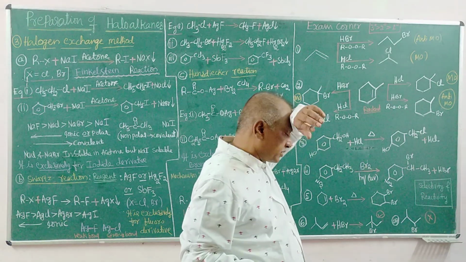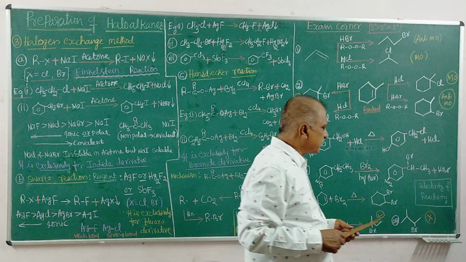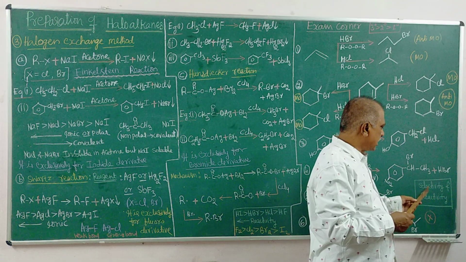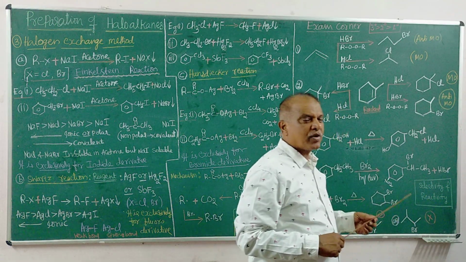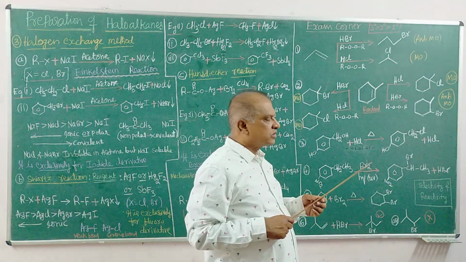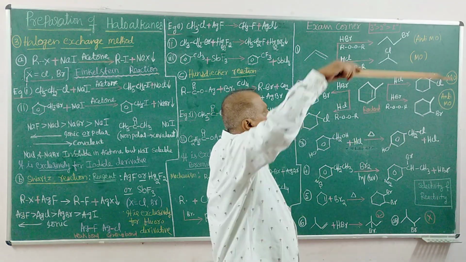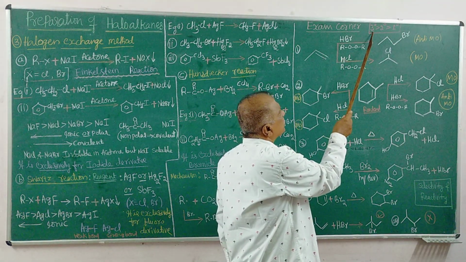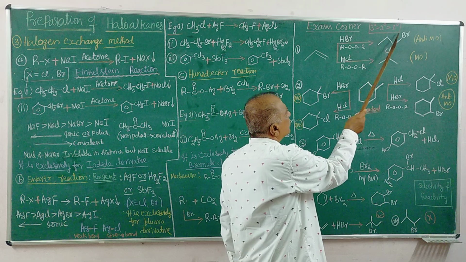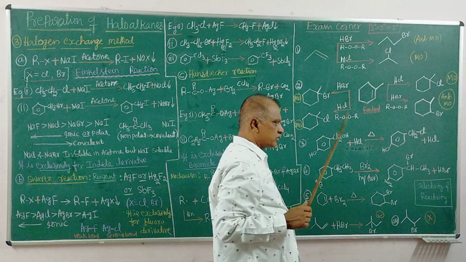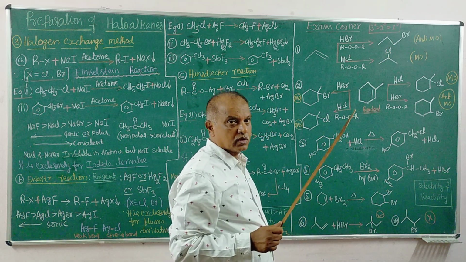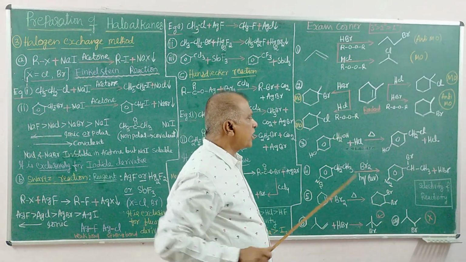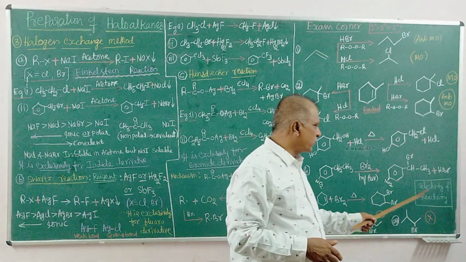There are two types of concepts in organic chemistry: selectivity and reactivity. Selectivity depends on the type of carbon to which the halogen is forming a bond, that is, whether it is tertiary, secondary, or primary carbon. Whether for addition or substitution, bond formation goes either by selectivity or by reactivity.